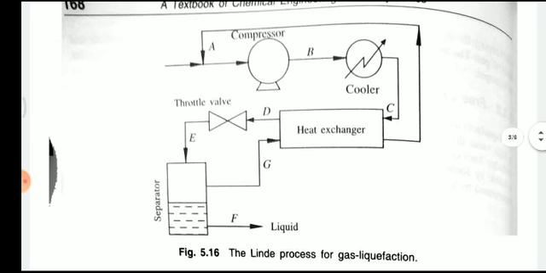Again, the part of the gas that is not liquefied is sent to the heat exchanger, and then it is further heated and further processes occur. So here is the diagram of the Linde process for gas liquefaction.